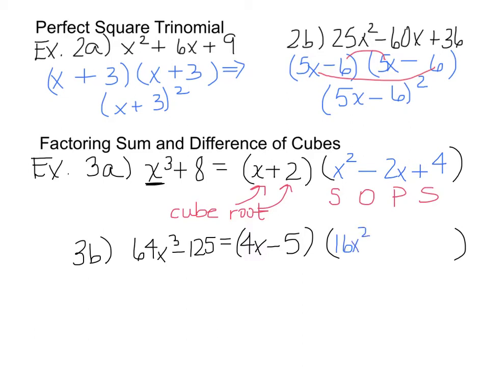Opposite sign would be plus, because that's opposite of minus. Product means you multiply those 2 together and you get 20x. And the last S is you square the negative 5 and you get positive 25. And that's how you factor a cube.